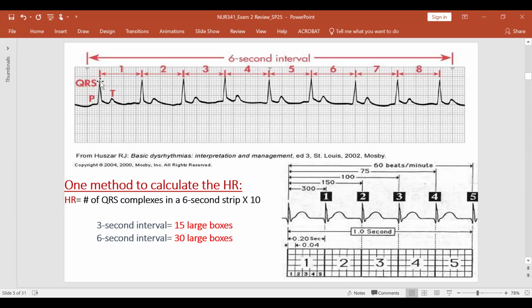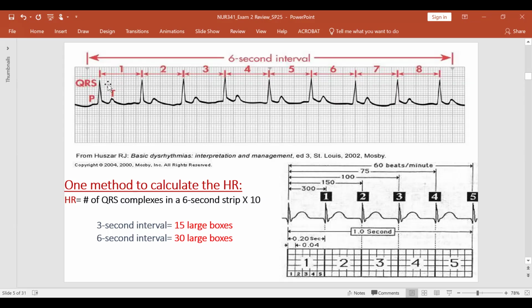From this R wave to that R wave, that one is 1, 2, 3, almost 3.5 large boxes. Count here, 1, 2, 3, also 3.5. So we are going to divide 300 over the number of large boxes from R wave to R wave.